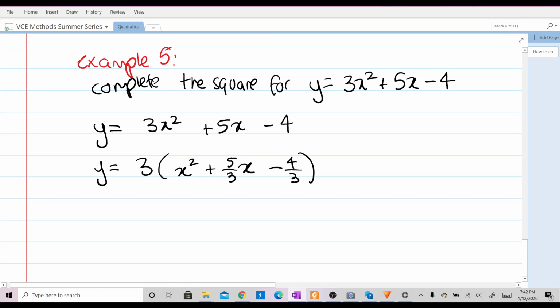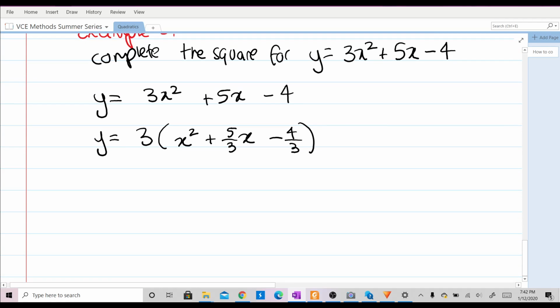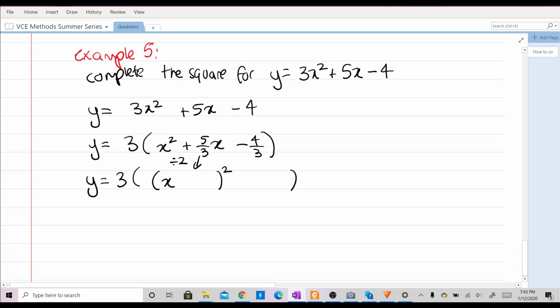Once we have this, then we're going to ignore the outer bracket again and focus on the inside. We're going to write x bracket squared. Now we're going to divide 5 on 3 by 2.